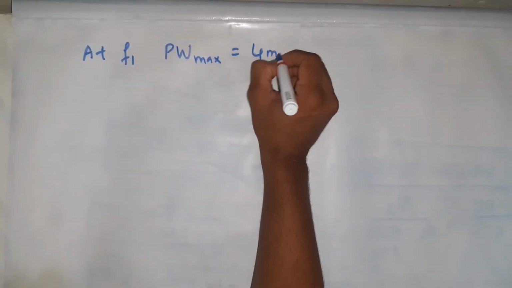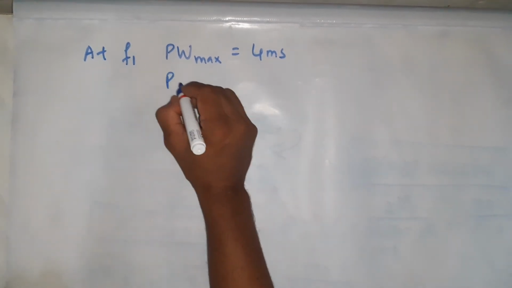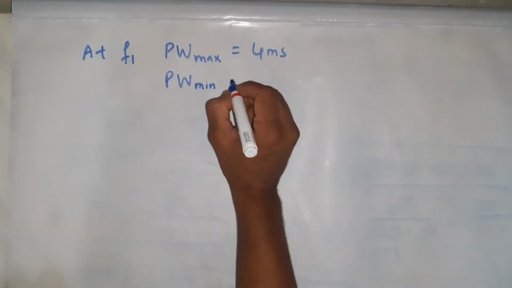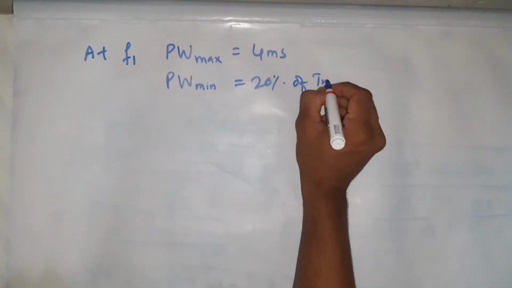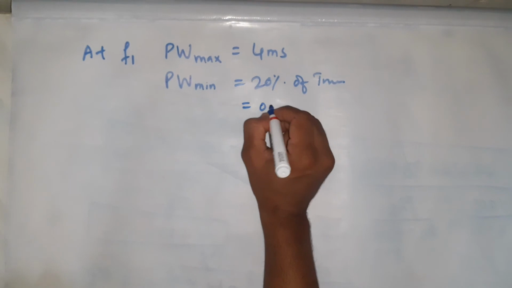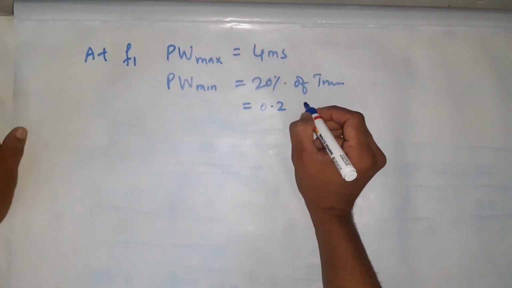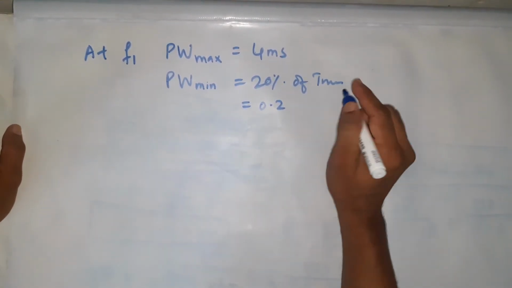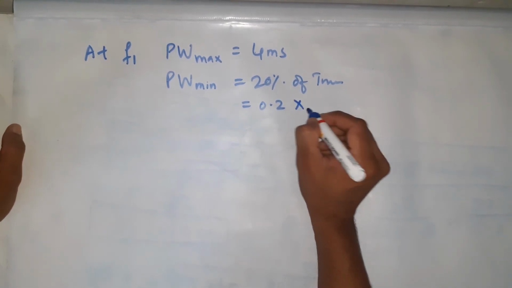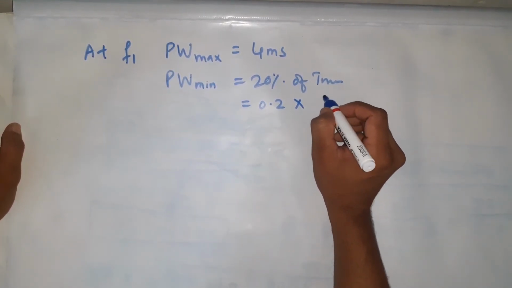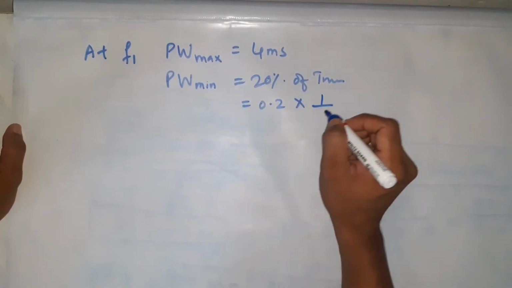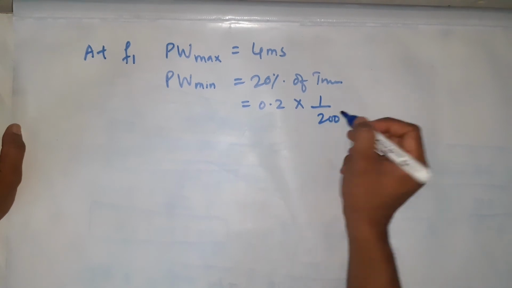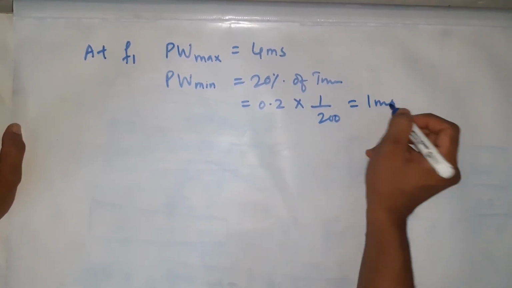We already have this, 4 millisecond. Now the pulse width minimum is 20% of T max, which can be calculated as 0.2 multiplied by, we don't have time but we have frequency. Which frequency do I have to use? Yes, the minimum frequency. That will give you 1 millisecond.